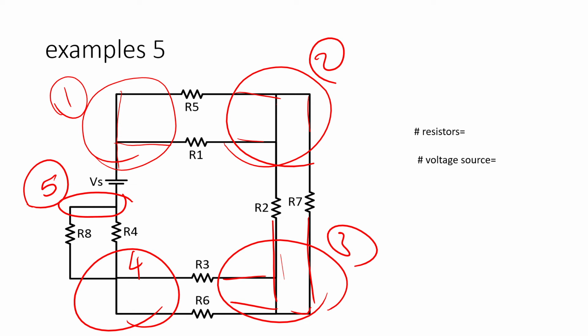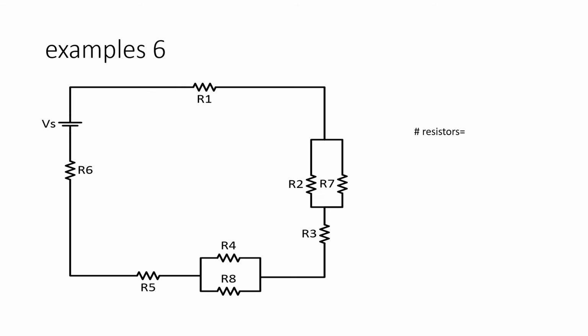If you look at 1, it connects two resistors with the source, so it is P. 2 connects 2 resistors with another 2 resistors, more than 2, so it is P. Here it is 4 resistors, so it is P. Another 4 resistors, P. Here is 3, 2 resistors and 1 voltage source, so it is P. All nodes are P nodes.